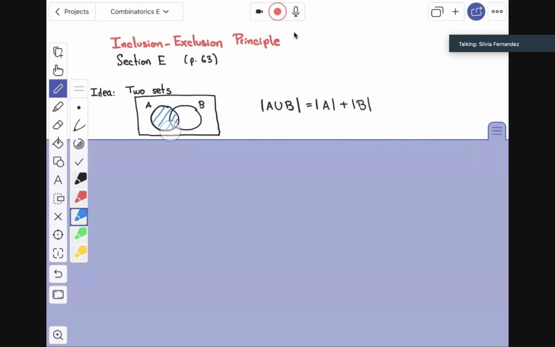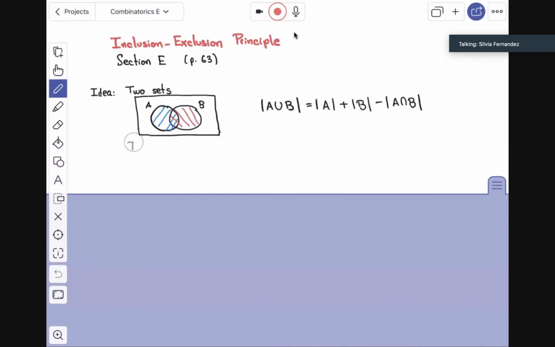When I do B, I'm looking at this region, and therefore I added twice the intersection. So I have to subtract it. So when A and B are completely disjoint, I can just say that the total number of elements in the union is the sum of the elements in the sets. But if there is an intersection, by just adding the number of elements in each set, I'm actually double counting the ones in the intersection, so I have to subtract.